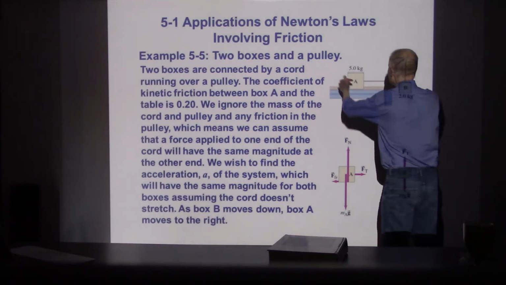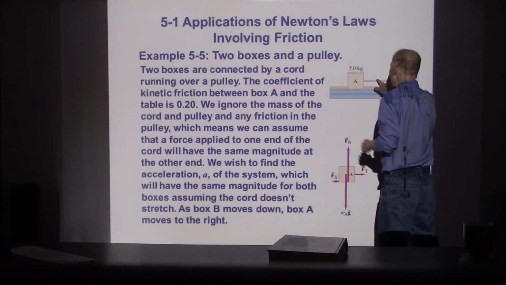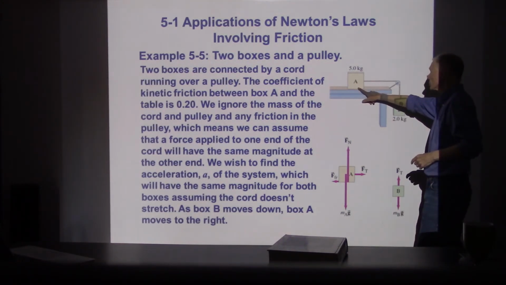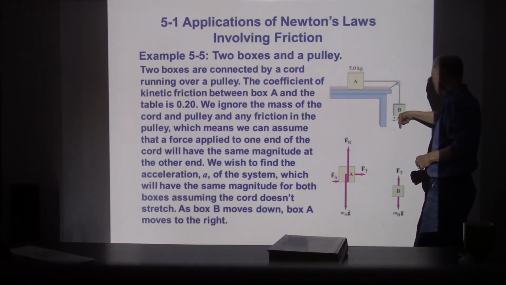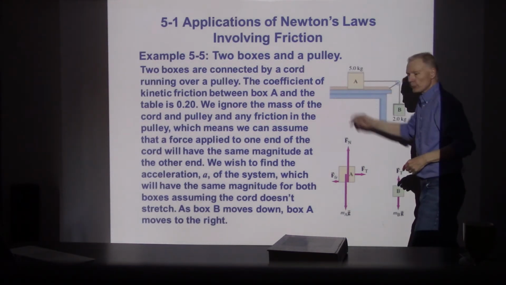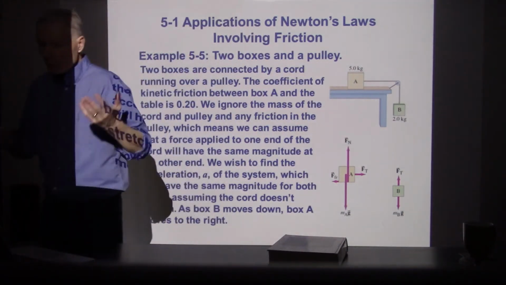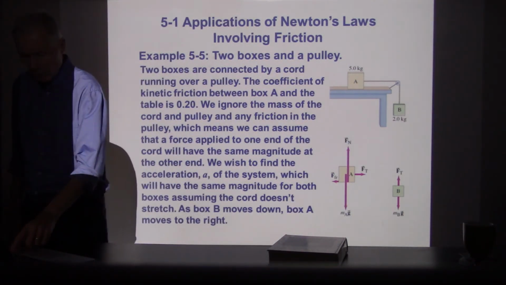And then when I look at this, I've got tension in this direction, friction opposing it. Well, if it's accelerating, the tension's bigger than the friction. So the gravitational force here is bigger than the tension, and the tension is bigger than the friction. If the static friction is large enough, the object stays in place.